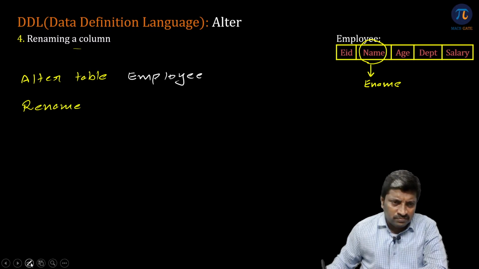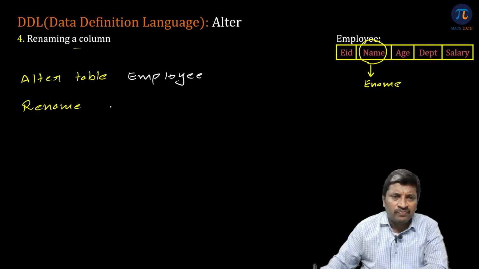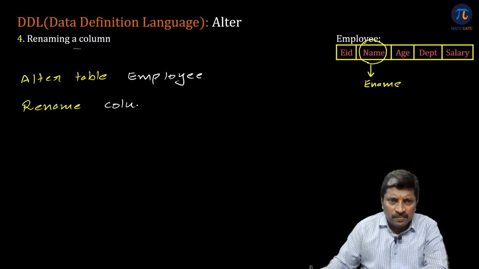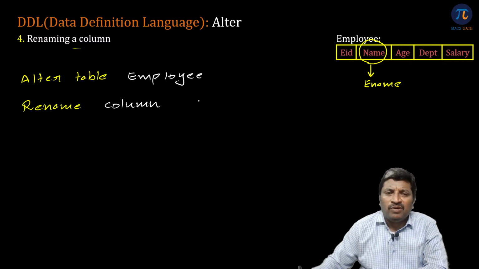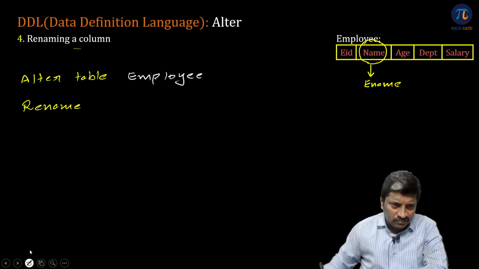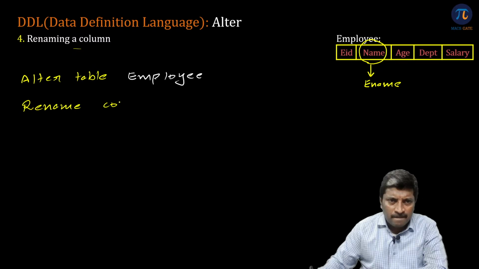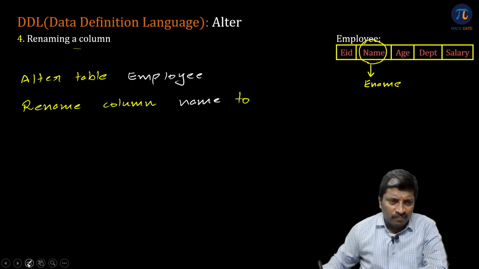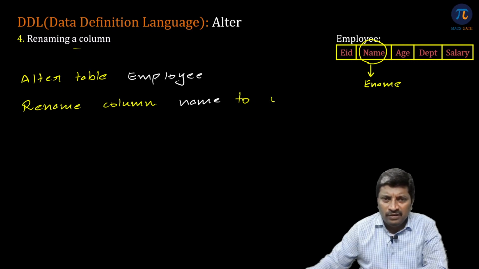Rename column. What is the old column name, sir? I think column is a keyword, right? So let us write with yellow color. Rename column name to ename.